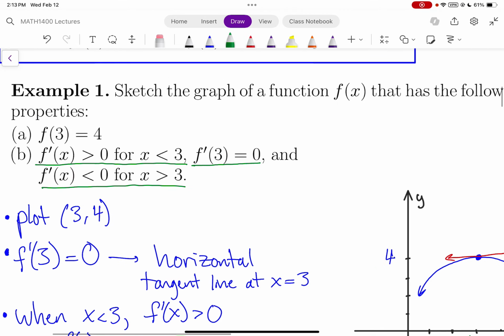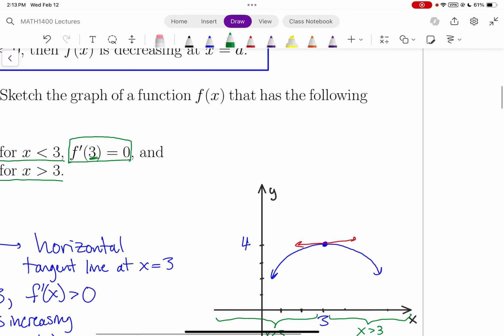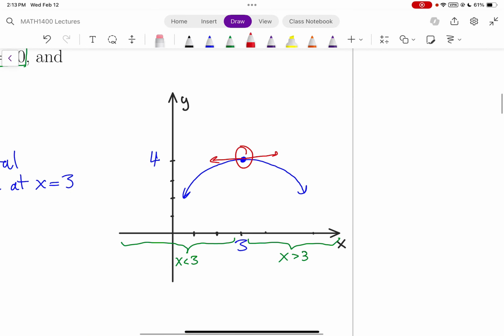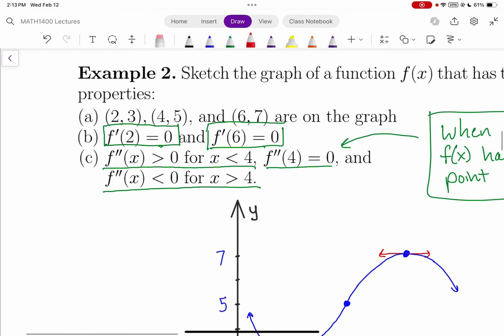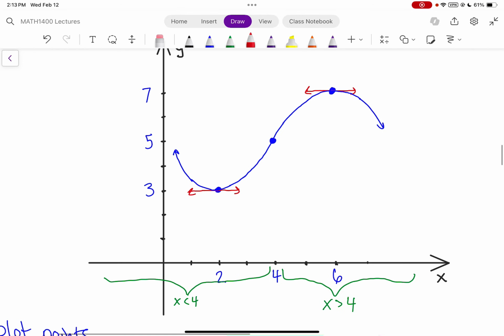Whenever we were given something like f prime of 3 is equal to 0, so f prime of something is equal to 0 specifically, we knew that we had a horizontal tangent line at that point. Same thing for this one. We were given that f prime of 2 is equal to 0 and f prime of 6 is equal to 0. And that's how we knew we had these horizontal tangent lines.